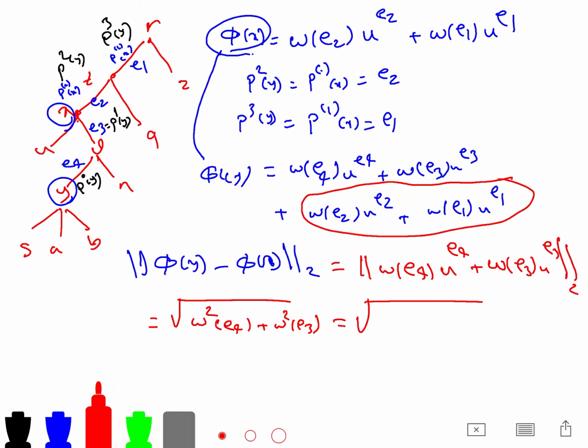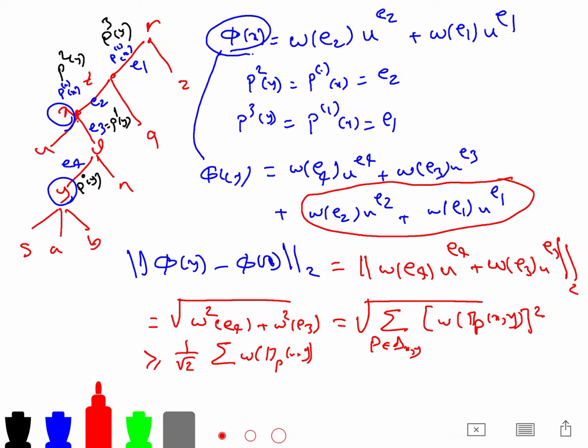For this example, it is simple. For general things, you can say that for any path between x and y, you get this, and this is greater than 1 over square root of 2 times omega of p of xy.